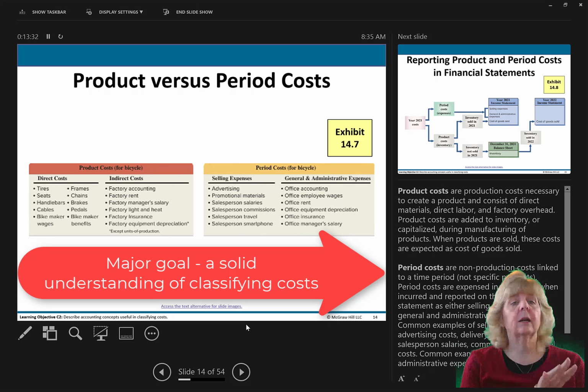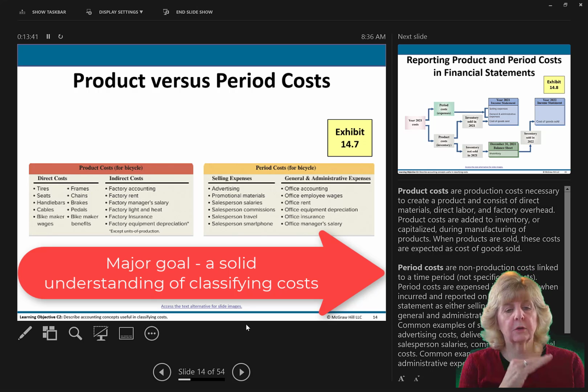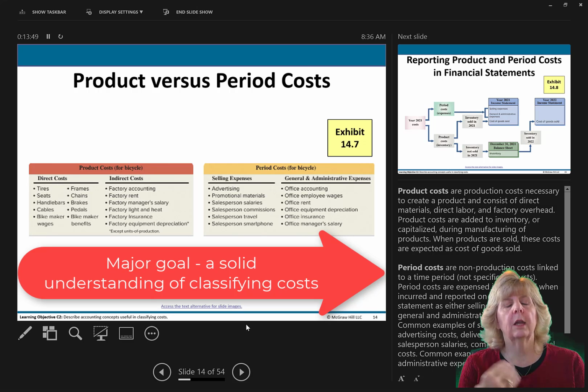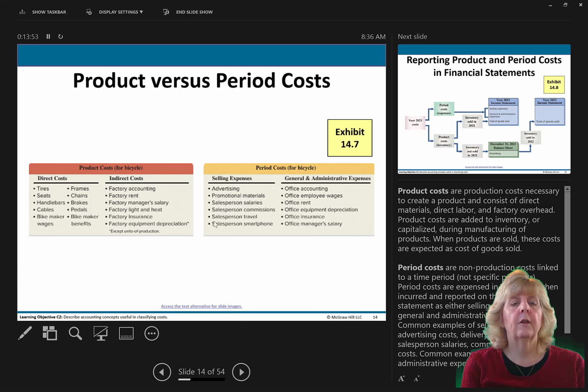If it's a product cost, you need to be able to more specifically break it down into one of 3 categories: direct materials, direct labor, or factory overhead. Or it is a non-manufacturing cost, which we call a period cost, that goes directly to the income statement. Those 2 categories are selling and G&A. Again, another key slide.